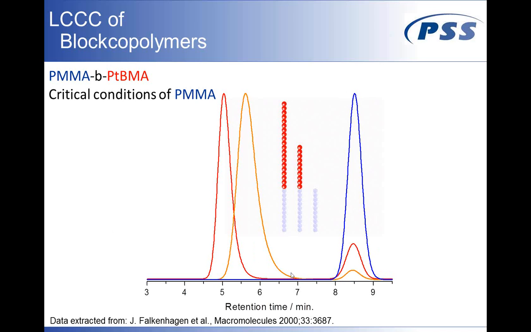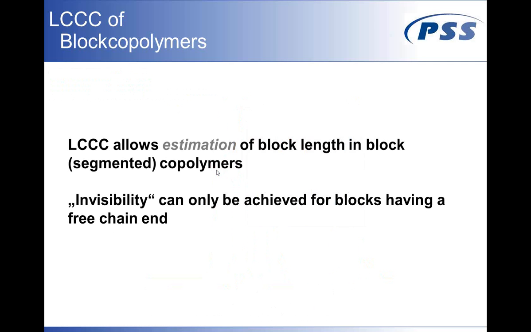But most interestingly, the length of the T-butyl methacrylate block now influences retention. So the PMMA block does not influence retention, as we have seen on the last slide, but the T-butyl methacrylate influences retention, and that is a way to determine the block length of the PTBMA block in such a block copolymer. That means liquid chromatography under critical conditions allows estimation of the block lengths in block copolymers.